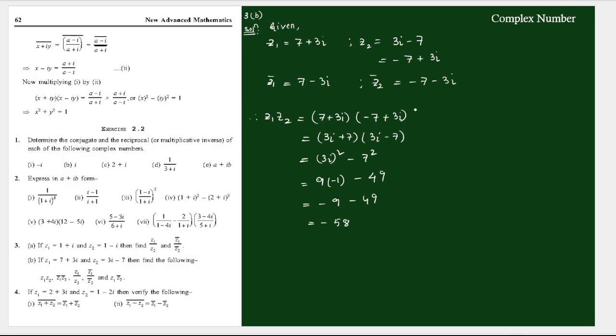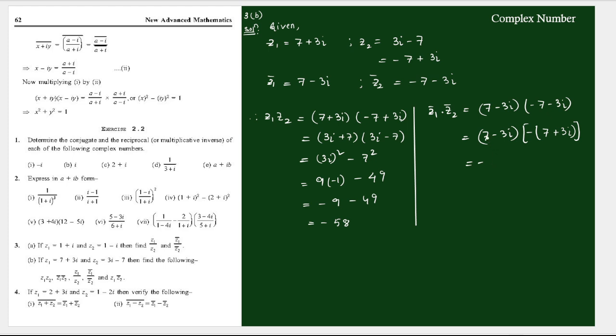Now let's find out their conjugates. z1 bar, z2 bar: 7 minus 3i, and then minus 7 minus 3i. We can take minus common: minus 7 plus 3i. Now this minus is common to all.